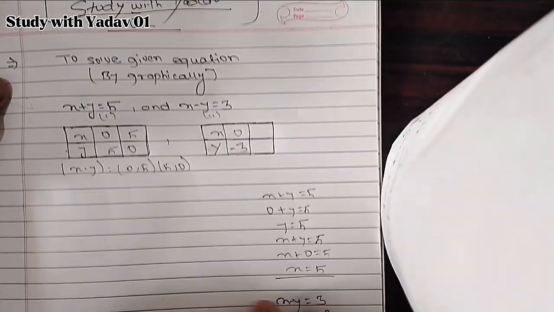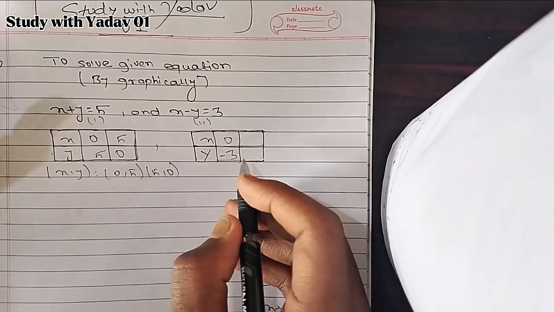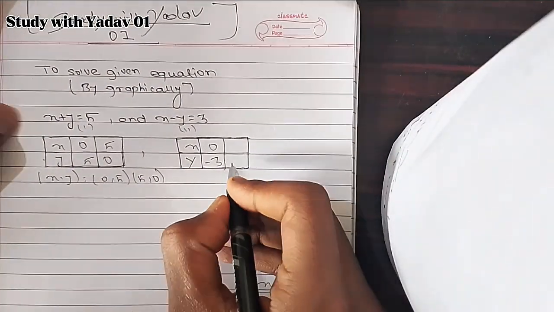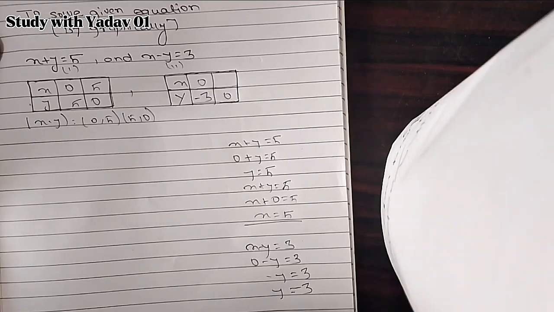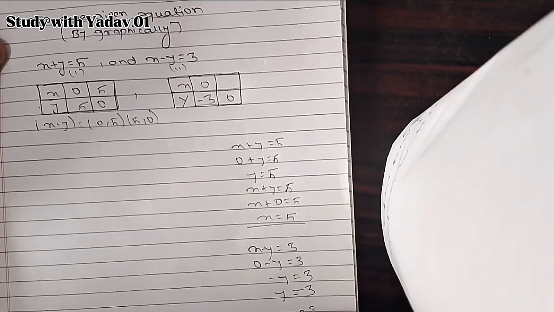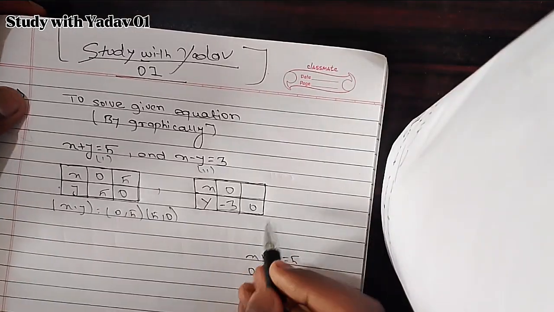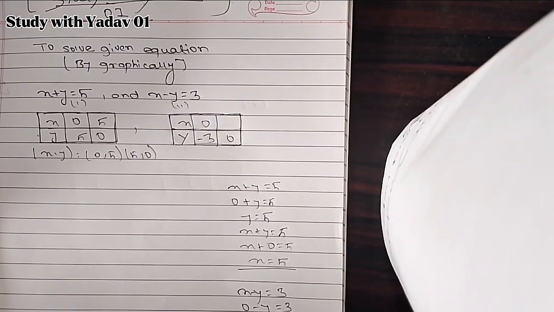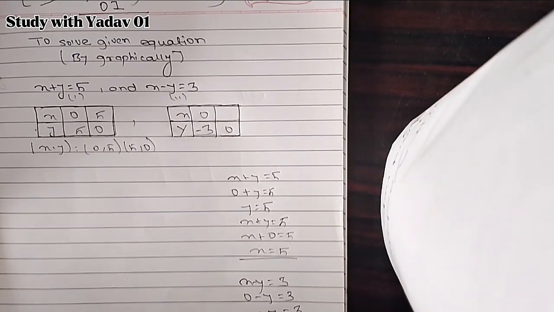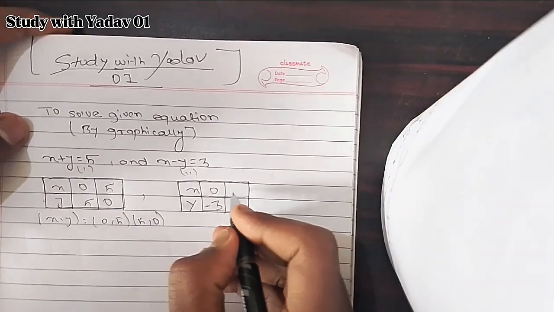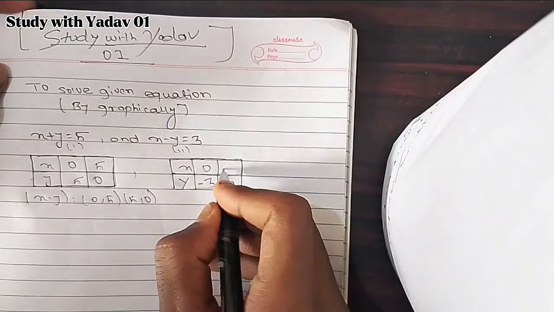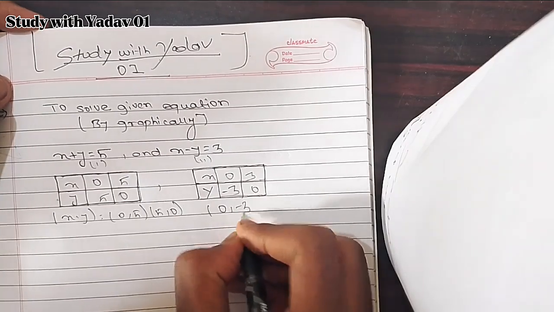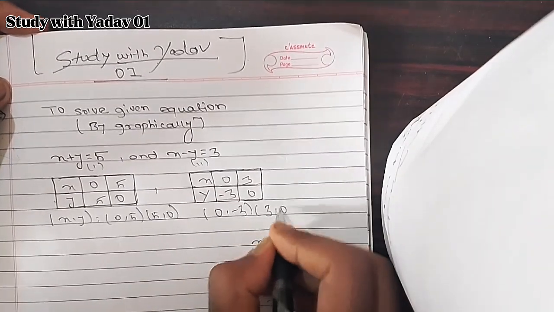Then we put y equal to 0, so x minus 0 equal to 3, x equal to 3. So we write like this: 0 comma minus 3, and 3 comma 0.